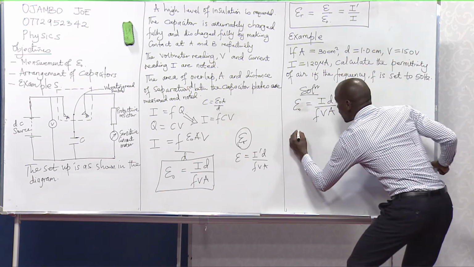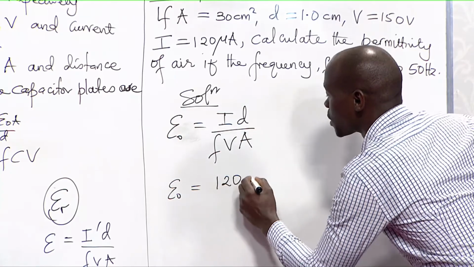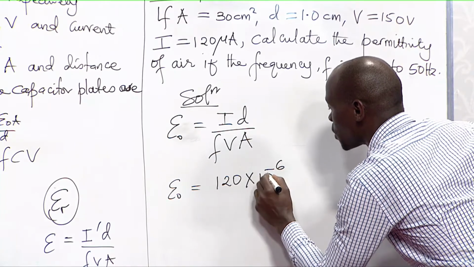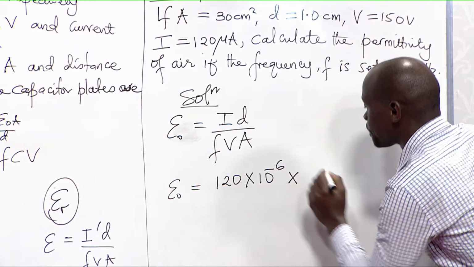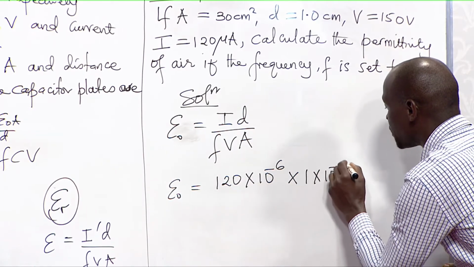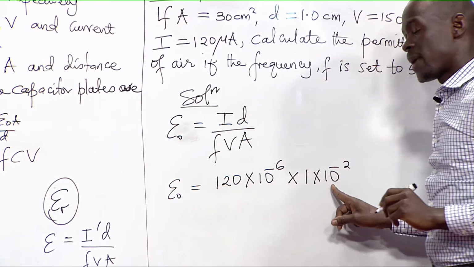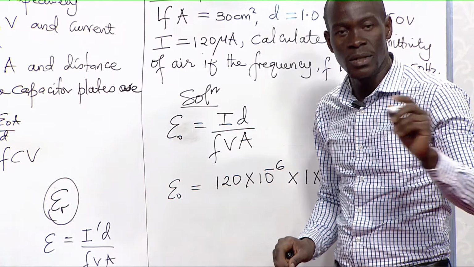So when we substitute, we shall have epsilon naught equal to 120 micro, times 10 power negative 6. In other words, we are going to divide by 1 million. Then times the distance, which is 1 times 10 power negative 2. Multiplying by 10 power negative 2 is the same as dividing by 100. Isn't it so?